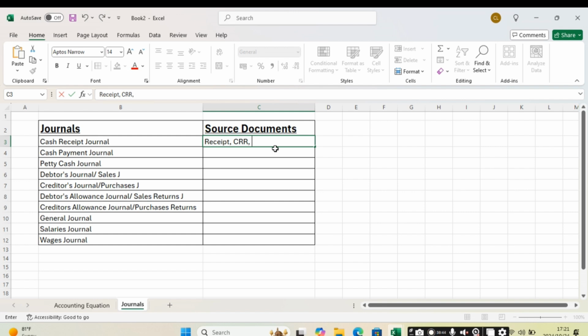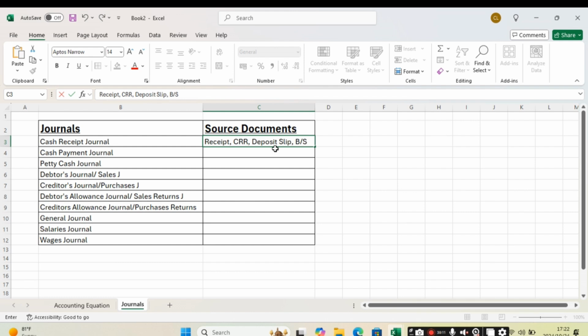And then we also have the deposit slip, and the bank statement, I think. So I'll just say PS, bank statement. These are the source documents for your cash receipt journal.